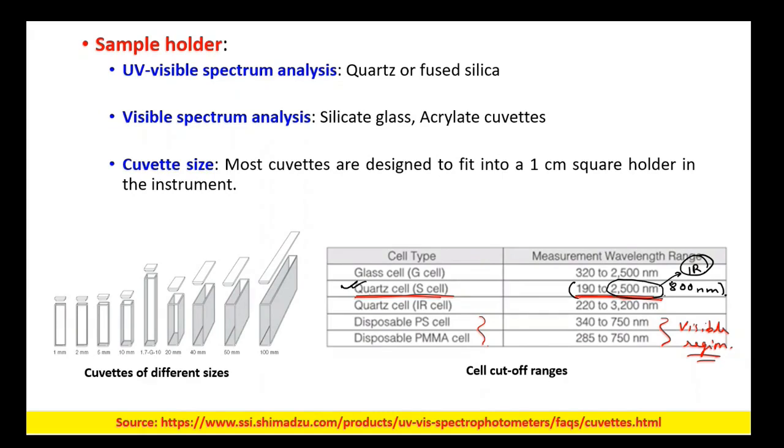Usually UV visible spectrophotometers are not capable of measuring NIR recordings. So with the quartz cell, we will do wavelength scanning in the range of 190 nanometer to 800 nanometer.